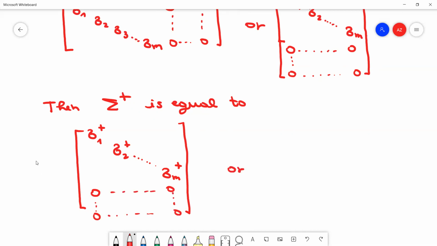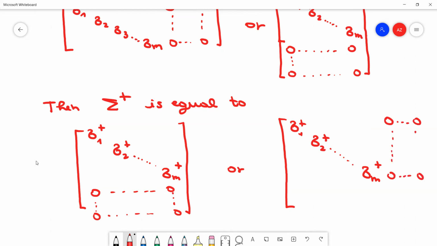And in the second case, again, we swap the number of rows and columns, and we get sigma 1 plus, sigma 2 plus, and so on, and then we have some 0 columns at the end. I see the question in the chat, just let me write this to the end and then I look at it.